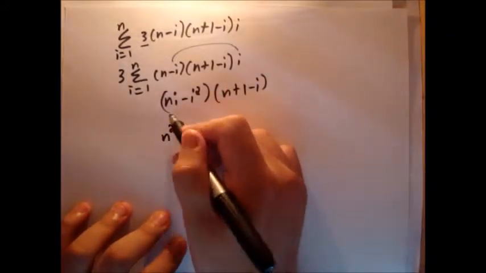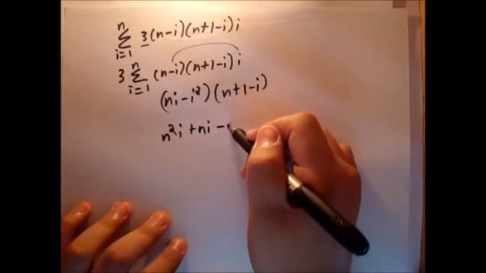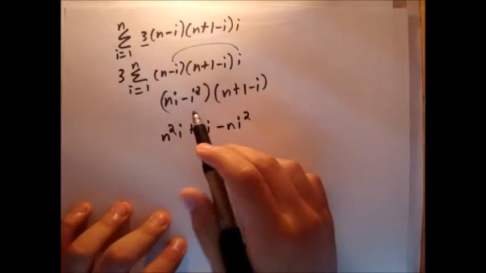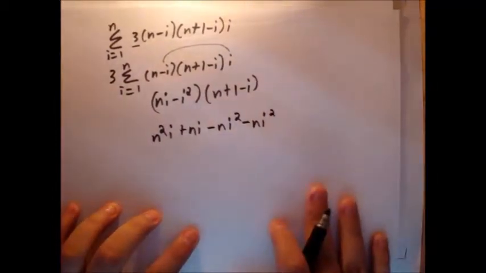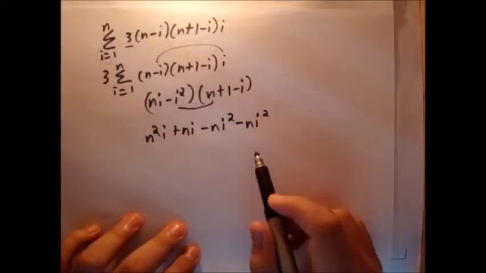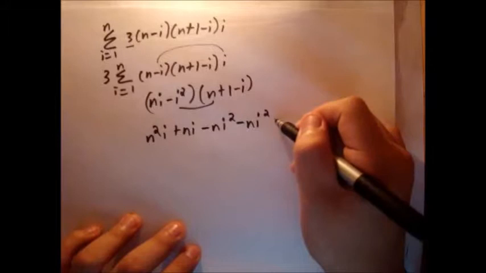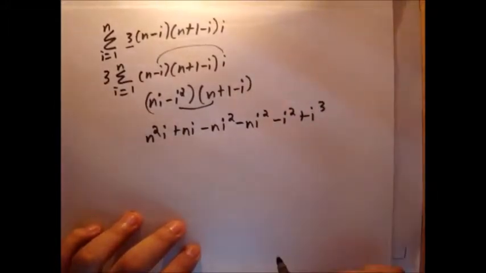That's n squared i. Then that's plus ni minus ni squared, right? Then right here, minus ni squared. We're just expanding it. Minus ni squared, and then minus i squared. And finally, plus i cubed.